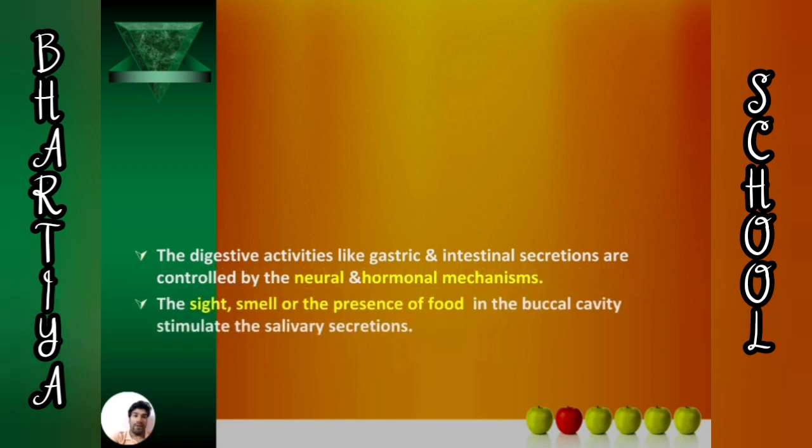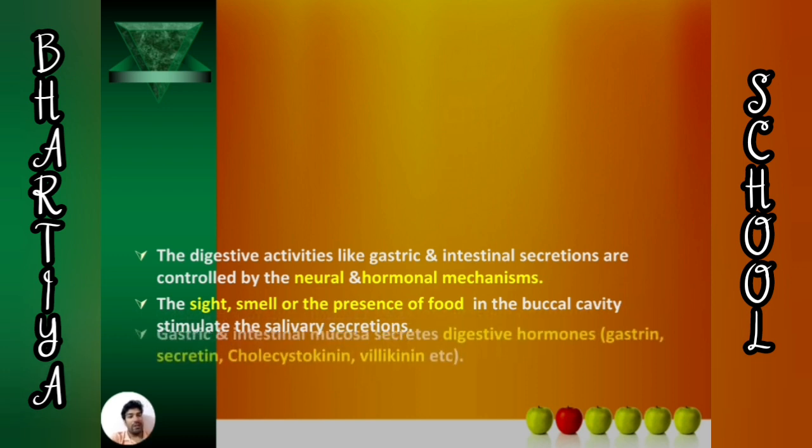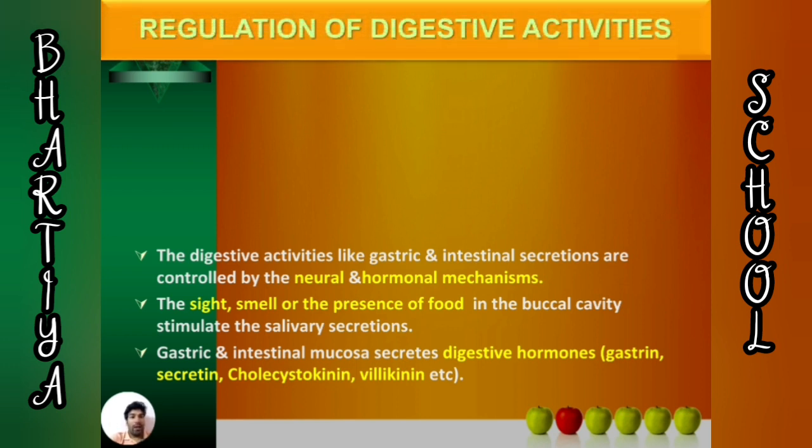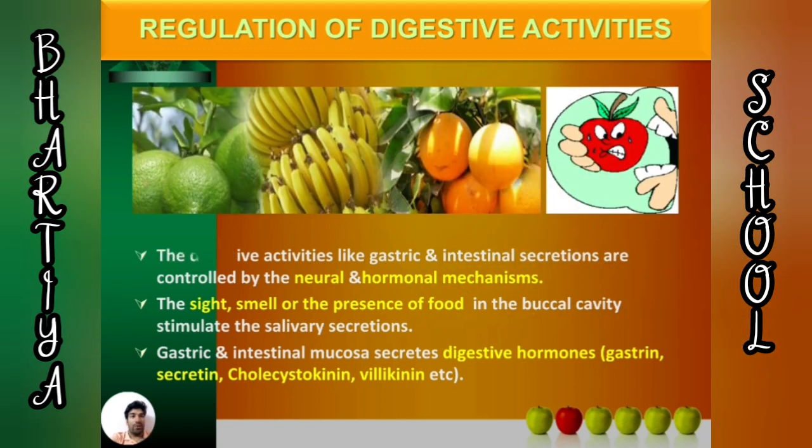The sight, smell and presence of food in the buccal cavity stimulate the secretion of enzymes, and the gastric and intestinal mucosa secrete digestive hormones, that is gastrin, secretin, cholecystokinin, villikinin, etc. In this way, the regulation by hormones takes place.